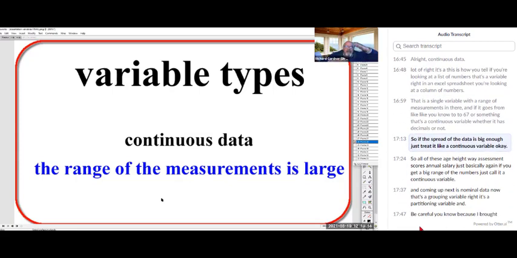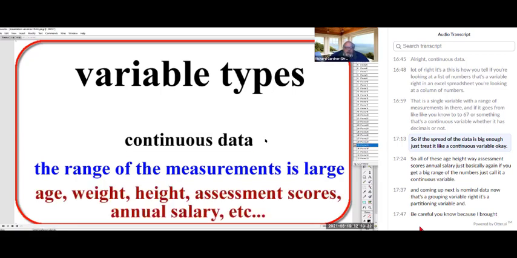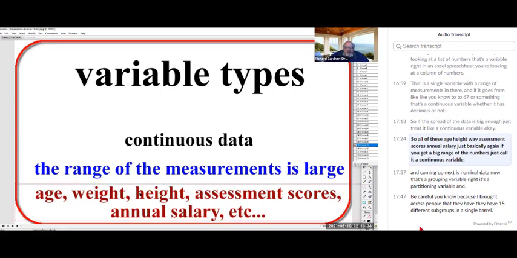So if the spread of the data is big enough, just treat it like a continuous variable, okay? So all of these: age, height, weight, assessment scores, annual salary. Again, if you've got a big range of numbers, just call it a continuous variable.